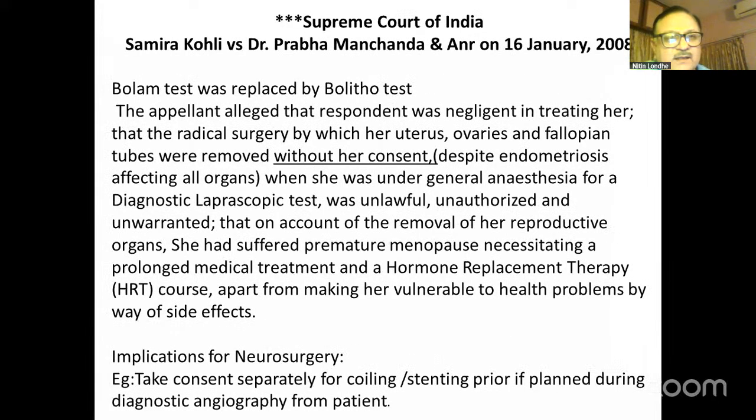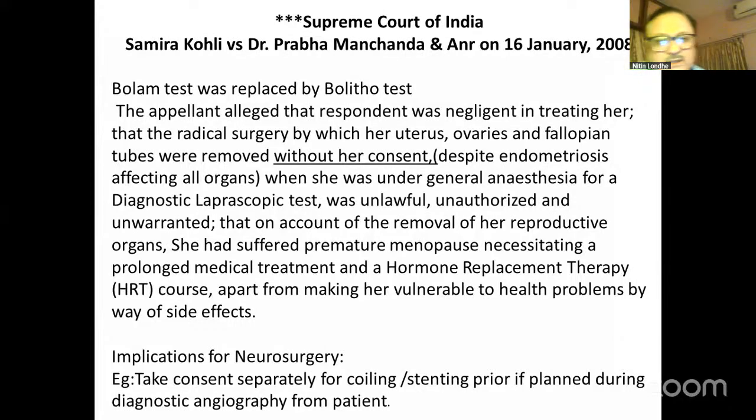However, the most important case in Indian case law is Samira Kohli versus Prabha Manchanda, which was decided in 2008. It is an interesting story of a woman who had given consent for a diagnostic laparoscopic test because she had dysmenorrhea. However, when she was under anesthesia, Dr. Prabha Manchanda found that the uterus, ovaries, and fallopian tubes were all involved with endometriosis, and decided to remove them.